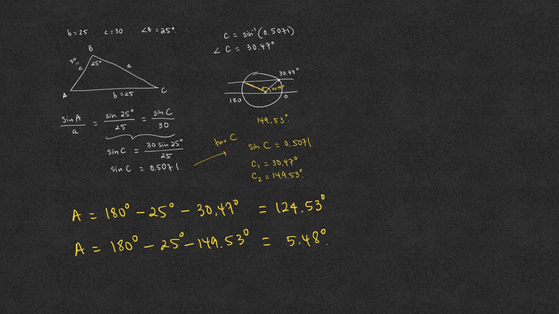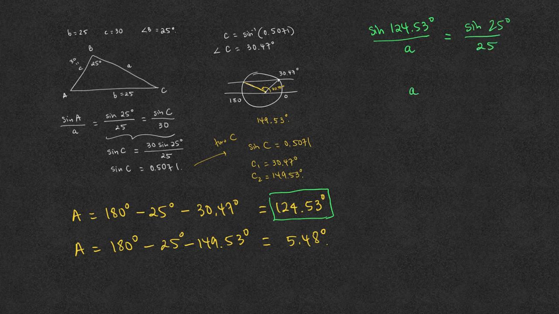We now update the law of sines. If we use A as 124.53 degrees, then sine of 124.53 degrees over a equals sine of 25 degrees over 25.